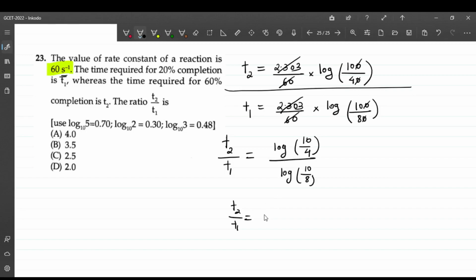From the logarithmic identities, the numerator can be written as log 10 minus log 4, and the denominator can be written as log 10 minus log 8.